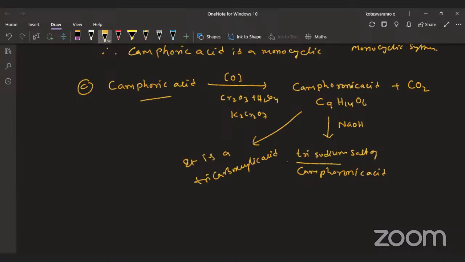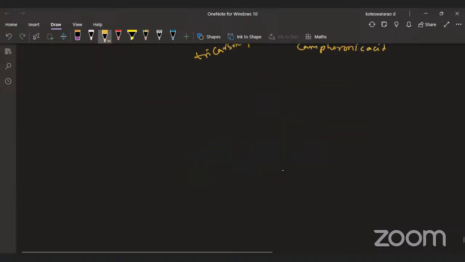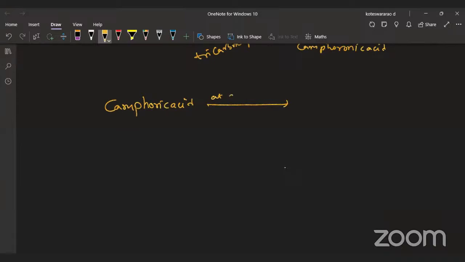Now, another experiment. You take camphoric acid and subject it to atmospheric distillation, which leads to a mixture of products.